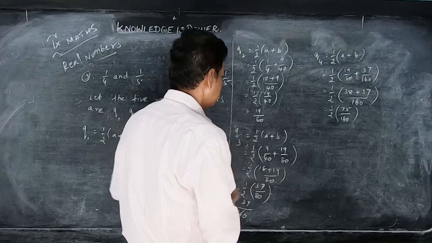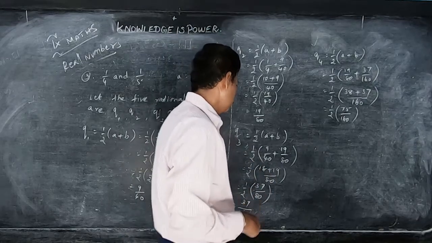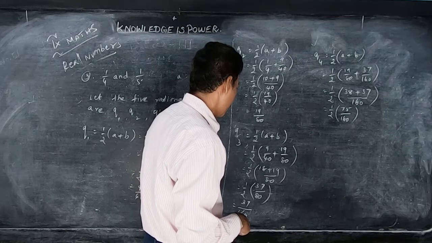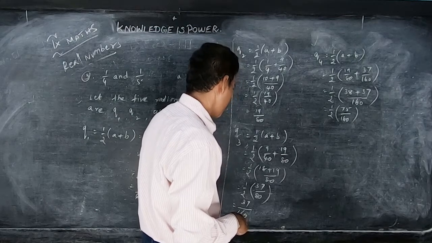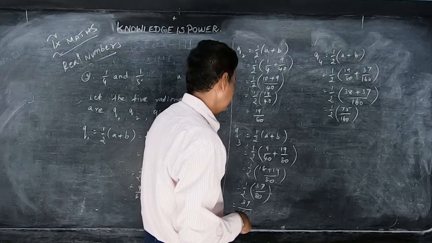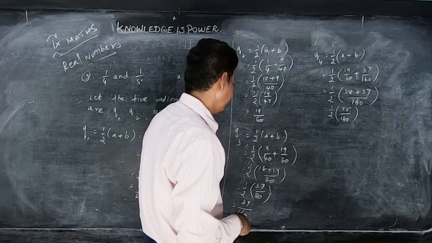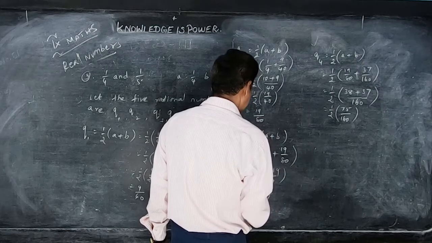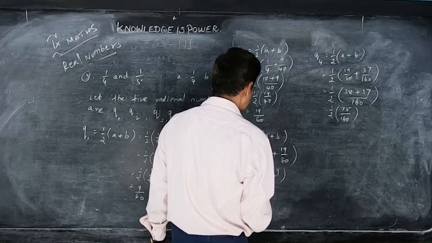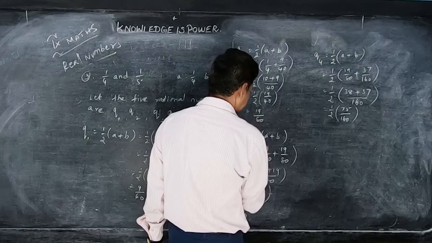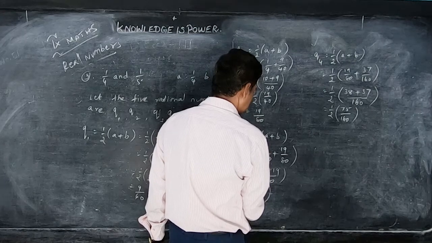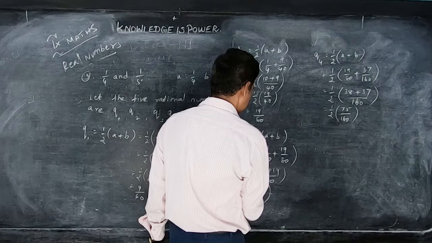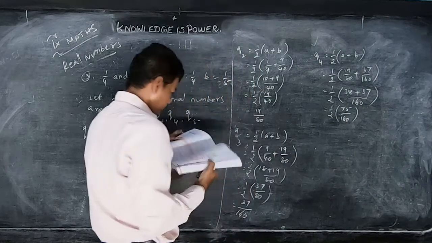19 by 80. Here 2 9s are 18. 39, how is 39?